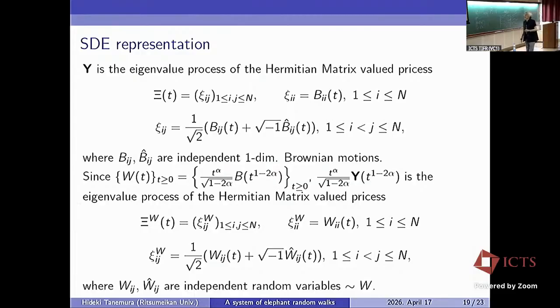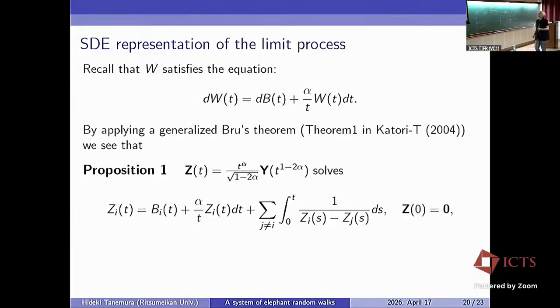And we know that this limit process W_t, a Gaussian process, is a time and space scaling of that. And this is exactly this process. The limit process is associated with the random matrix, a Hermitian matrix-valued process, with the diagonal part and off-diagonal part like that. And on the other hand, W satisfies this equation.